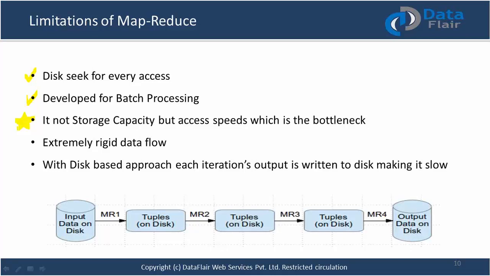Storage capacity, tons of systems are providing you, but access speed. Why is access speed important here? Guys, volumes, petabytes. If to read petabytes of data you need say 1 month of time, your system is of no use. Whether you have the world's greatest computation system, it's of no use.